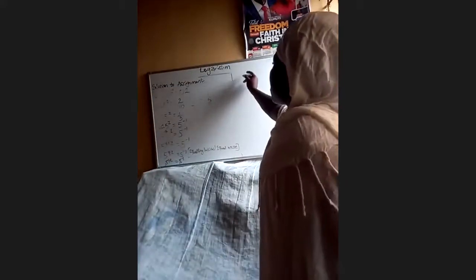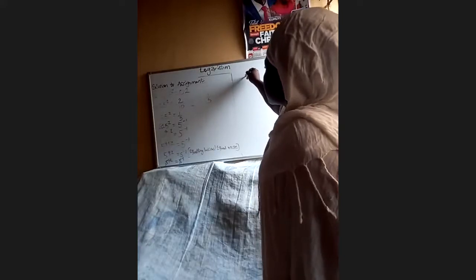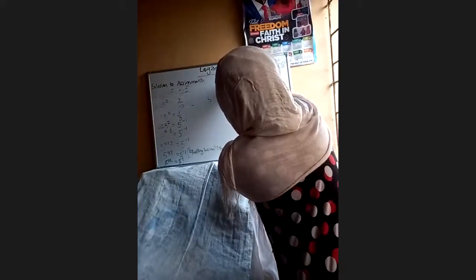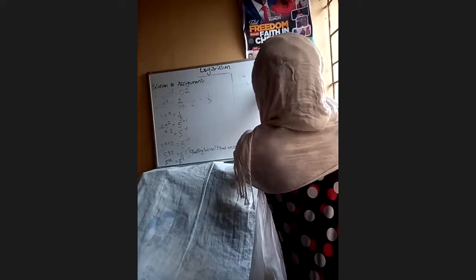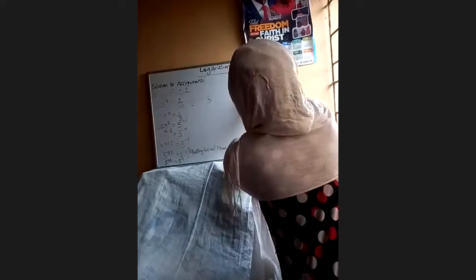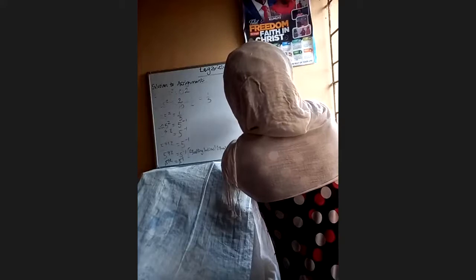So we have this as 4z is equal to minus 1. When we divide both sides by 4, 4 over 4 is equal to minus 1 over 4.